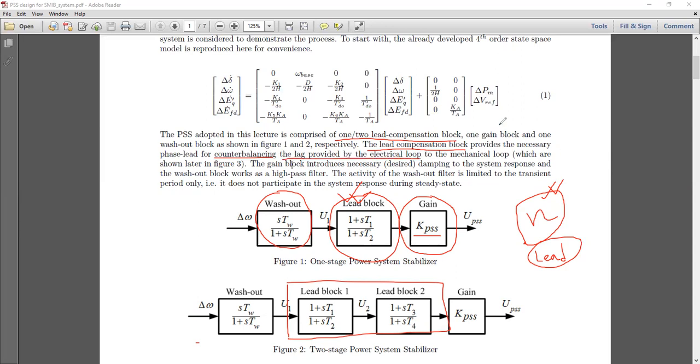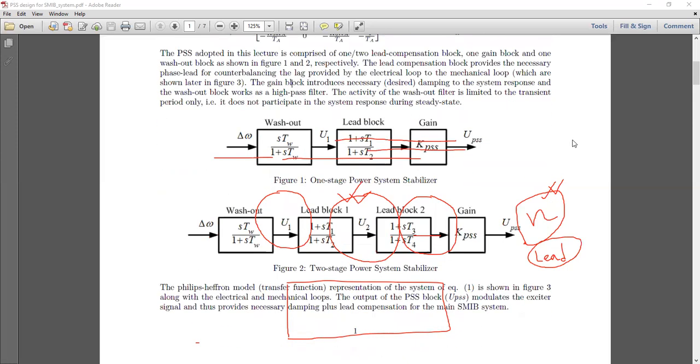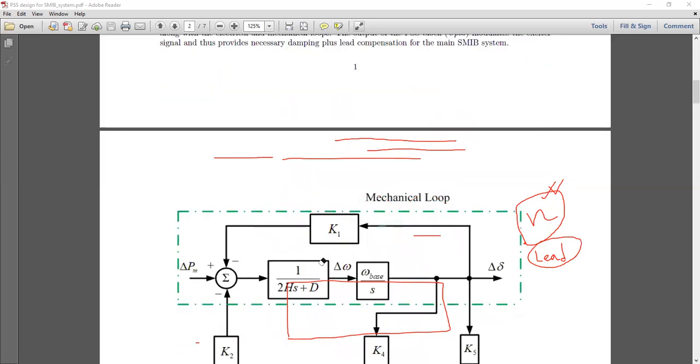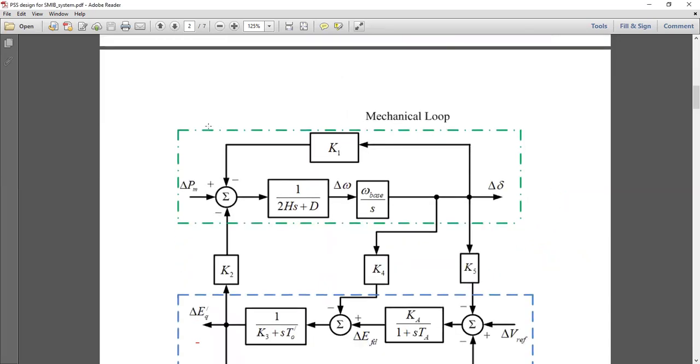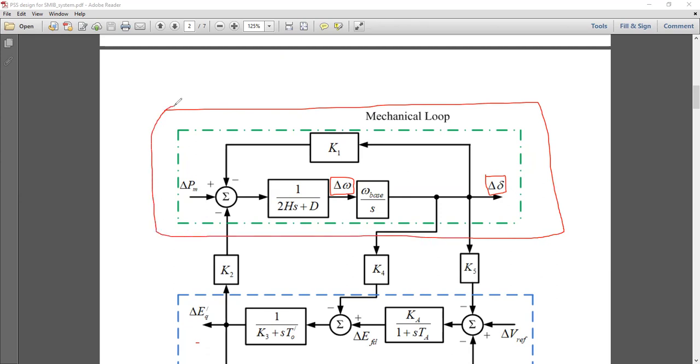Okay, what is the electrical loop? We mentioned it in the last class, probably at the end. So let's take it again: what is the electrical loop and what is the mechanical loop? Because these two keywords will be appearing every now and then in today's lecture. So the upper block, the block which is providing the two outputs like del omega and del delta, is referred to as the mechanical loop, this green dashed block.